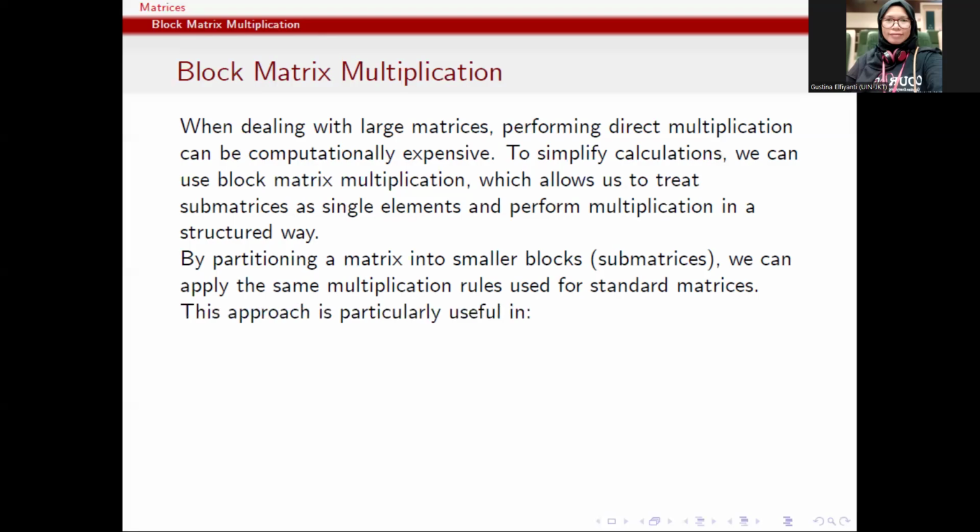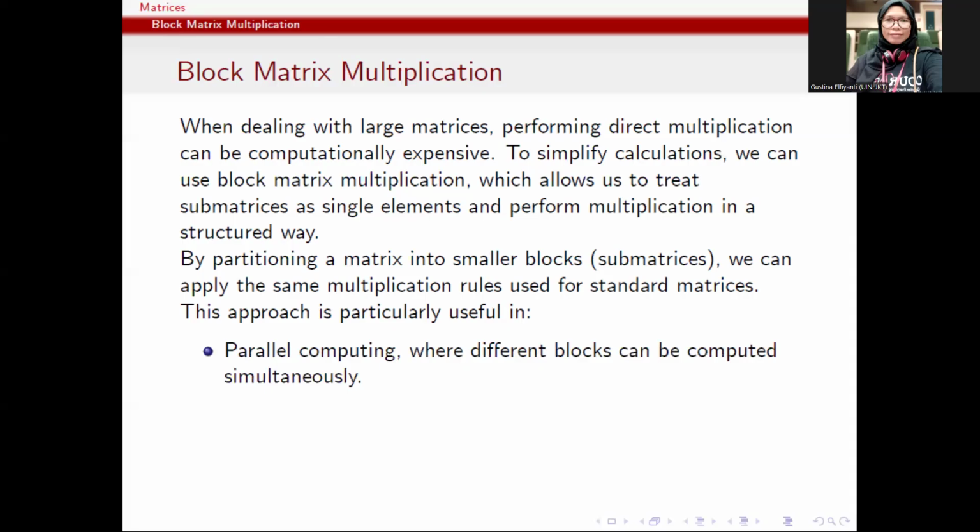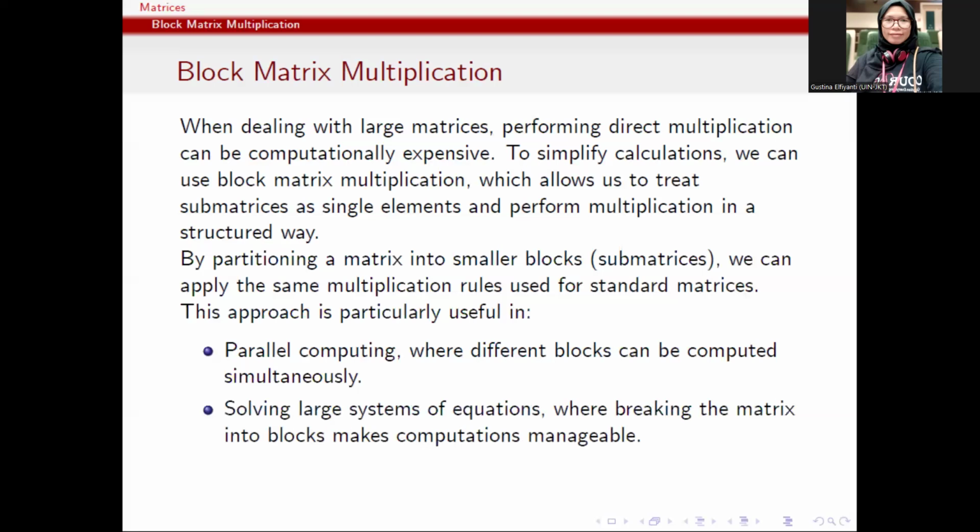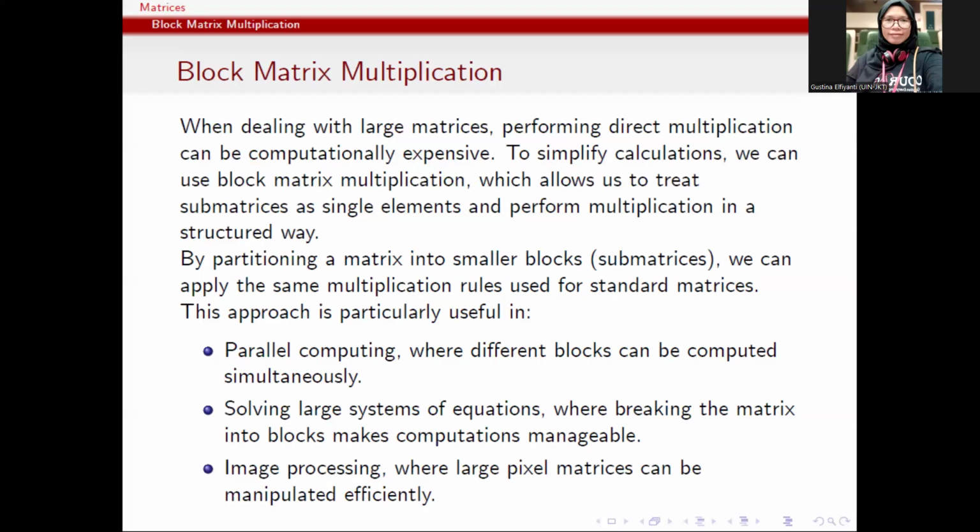This approach is particularly useful in parallel computing, where different blocks can be computed simultaneously, in solving large systems of equations, where breaking the matrix into blocks makes computation manageable, or in image processing, where large pixel matrices can be manipulated efficiently.